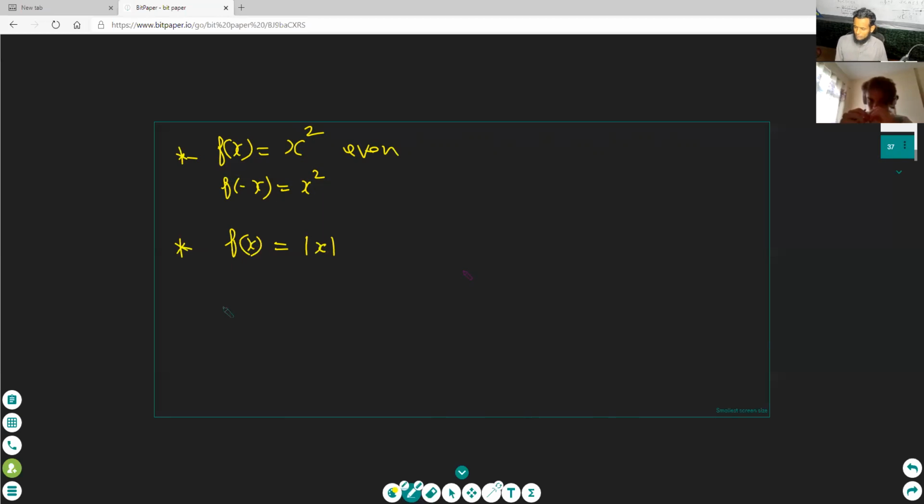If I put a value, this will be, it's an odd function?